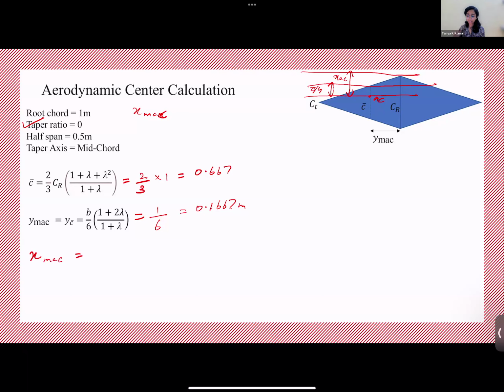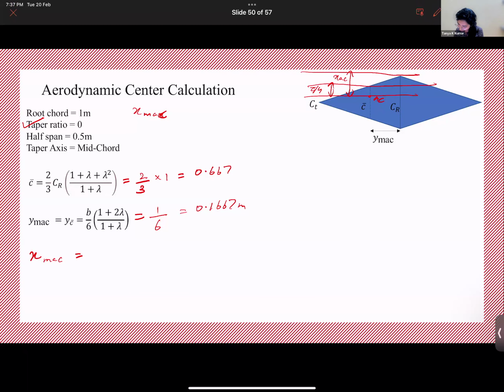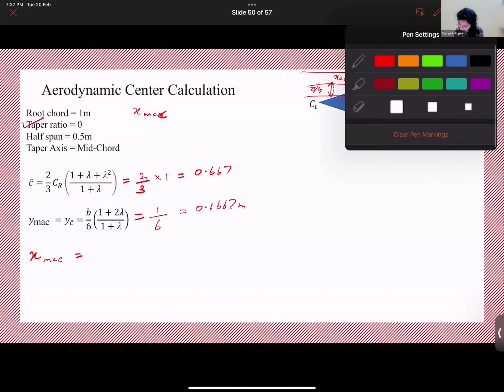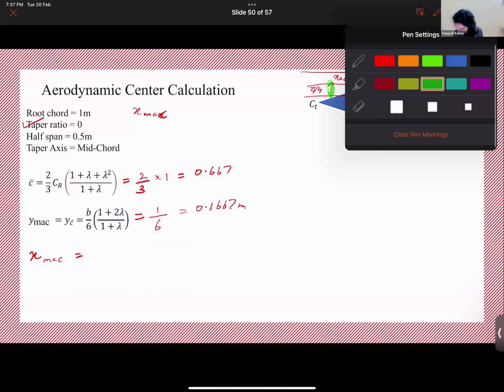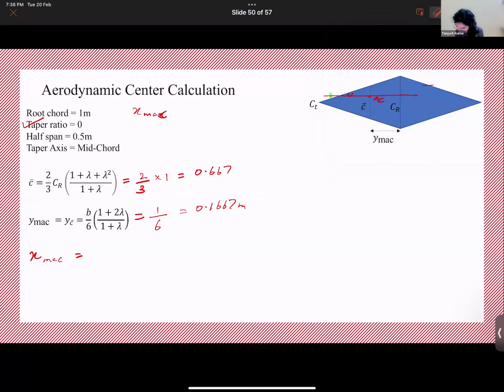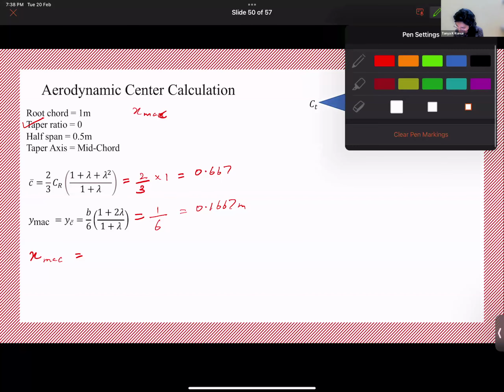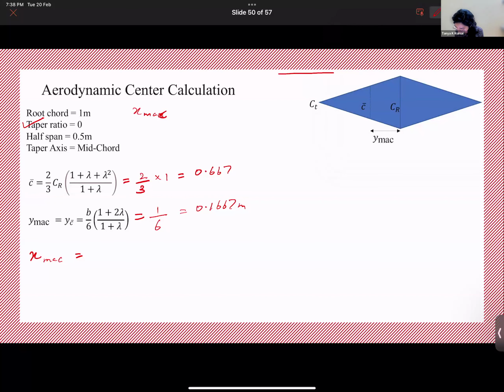How do you find out that length? This small length, let me try using a different color. What we need to find out is the one in red. Let me erase this. Now this is your AC.